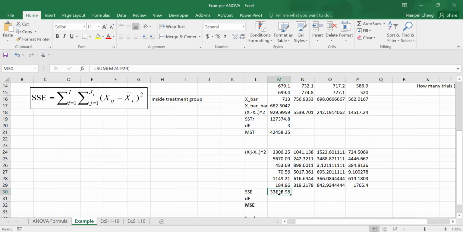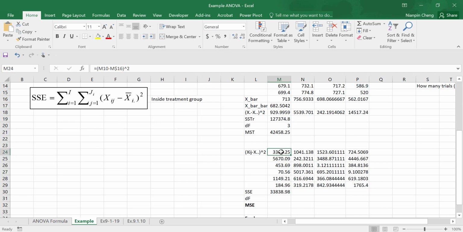So why this one? We can add all this together, but this one we need to multiply by 6, because here we only compared 1, but it represents the information from the 6 different values. So that's why we multiply by 6. That means all this variation from all these 24 different values.